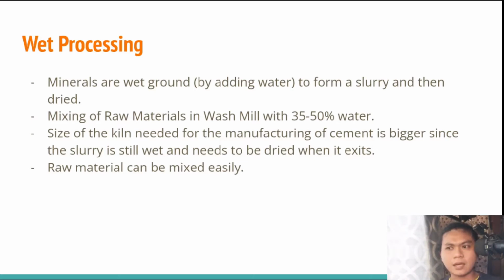Since they are wet, the size of the kiln needed for manufacturing this cement is bigger, since they need to be dried once they exit the kiln. Although the cost of production is way more expensive than the dry processing, the raw materials can be easily mixed since they are already wet enough.